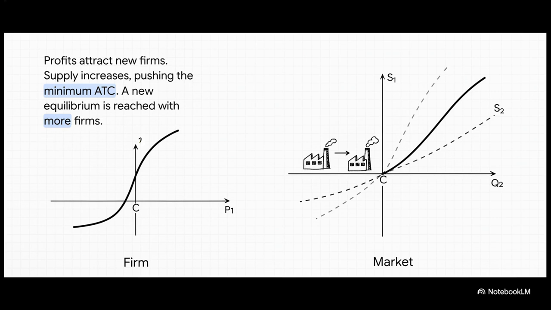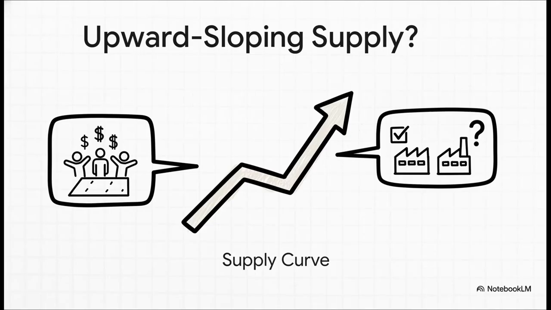More firms enter, supply increases, and the price falls until the price is driven all the way back down to its original level, P1. We end at a new long-run equilibrium at point C. The market now produces way more milk in total, but each individual firm is right back where it started, making zero economic profit.